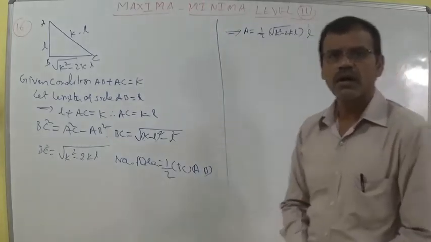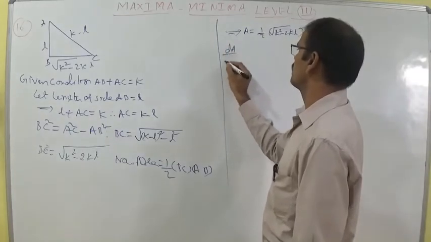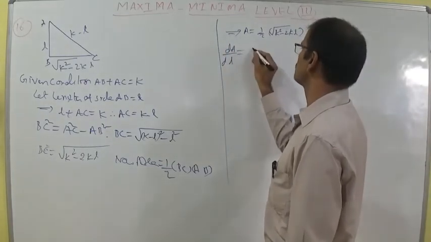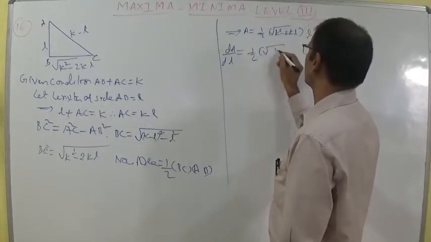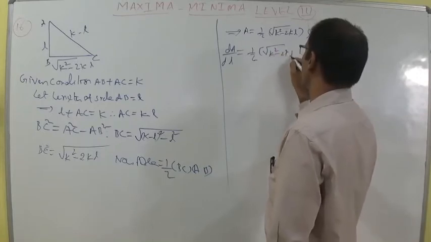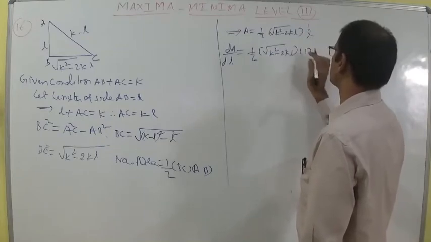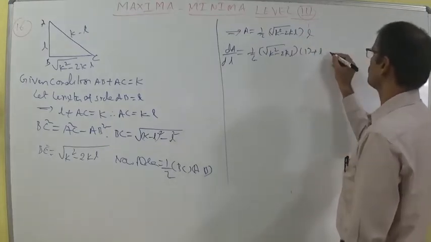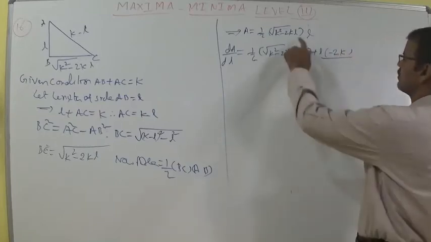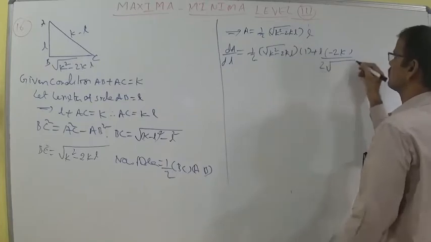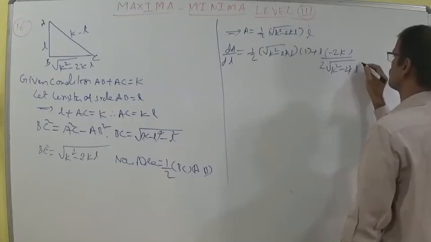To find whether the area is minimum or maximum, we calculate dA by dL equal to 0. That is 1 by 2 into the root of K square minus 2KL, differentiated with respect to L. The derivative of the root of x is 1 by 2 root x, so the derivative gives minus 2 over 2 root of K square minus 2KL.